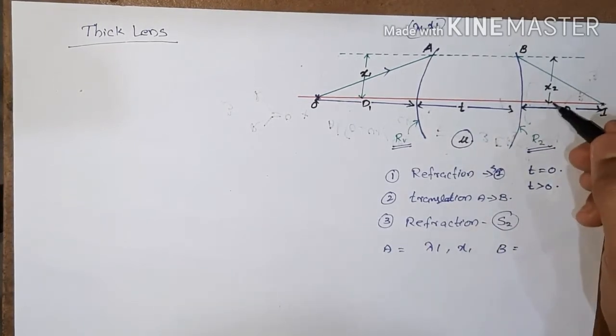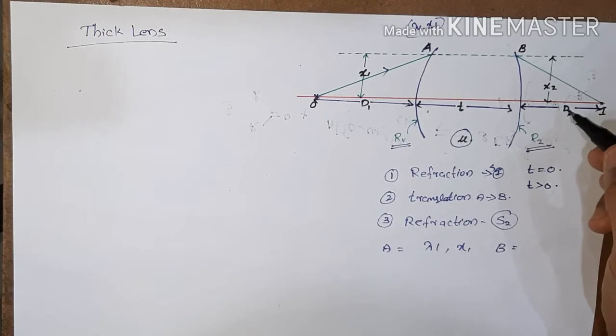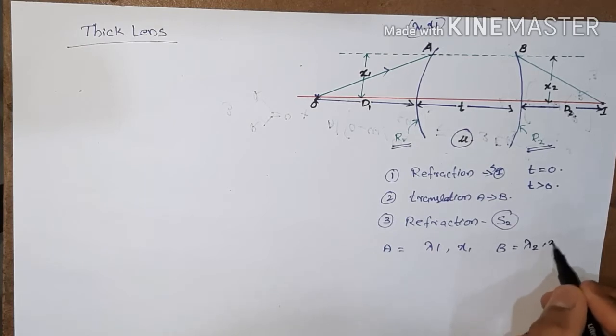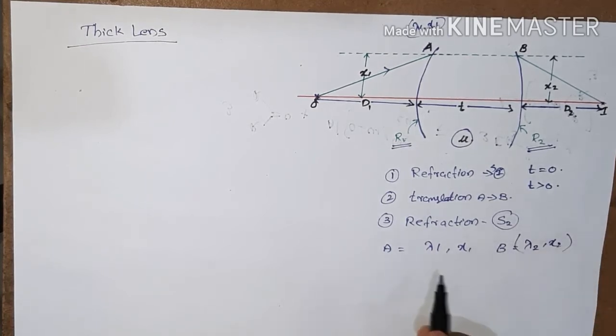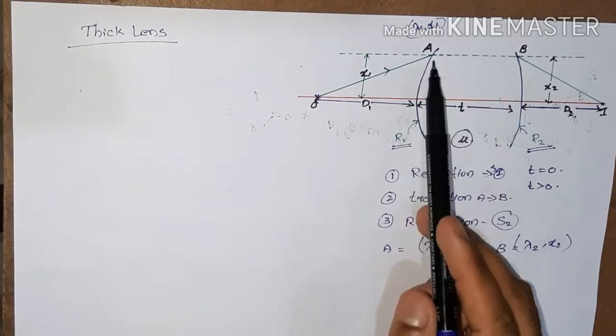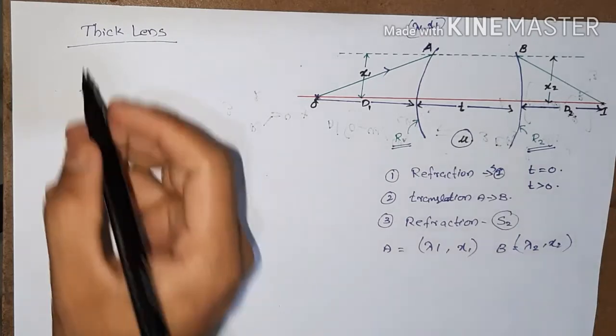Similarly, point B has height x2 from the optical axis, so it has the coordinate lambda 2 and x2. I have to represent these two coordinates on the basis of the processes taking place between the two refracting surfaces.